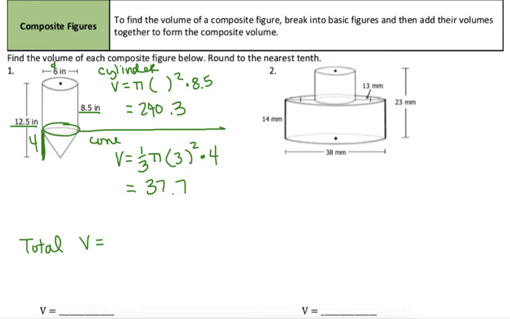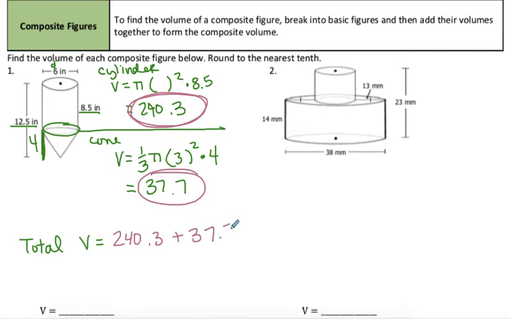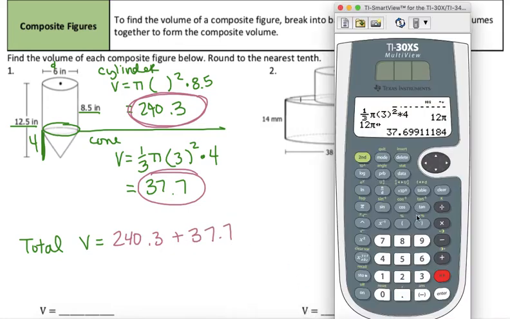All right, and my final overall answer, I have the cylinder here and the cone here. The total volume, I'm going to add those two numbers together. 240.3 plus 37.7. To get my overall volume, I didn't have to have a separate new formula. I'm going to combine my cylinder with my cone.